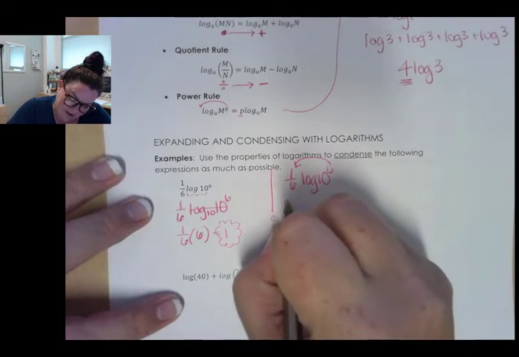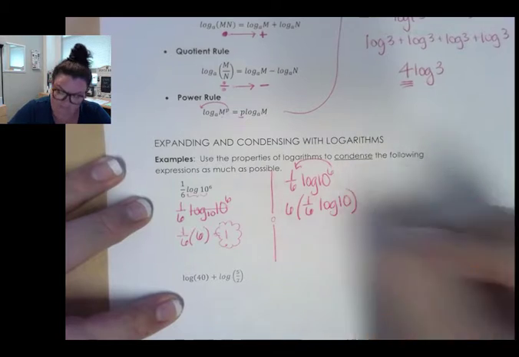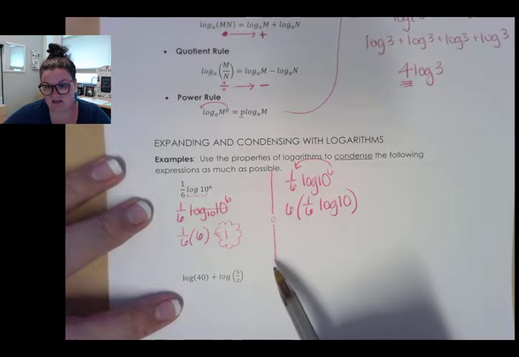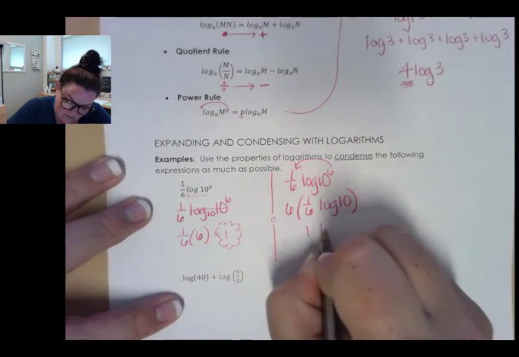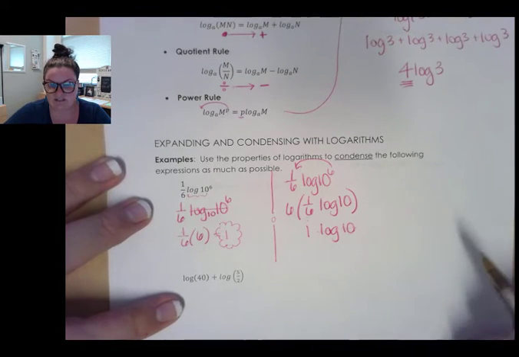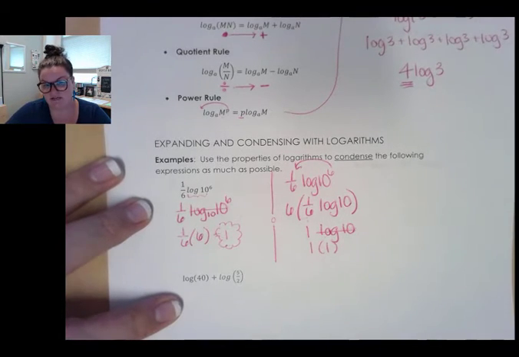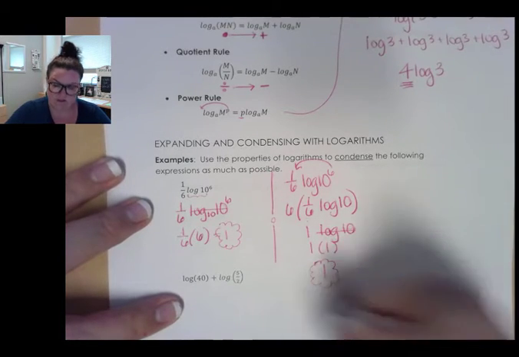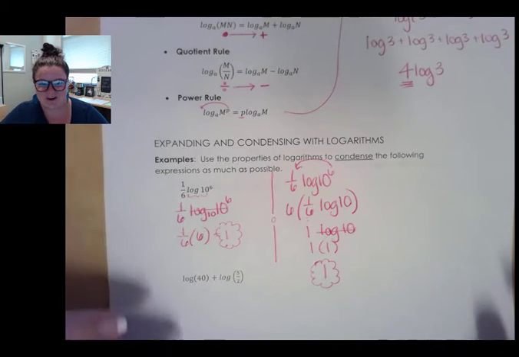So that means I would have 6 times 1/6 log 10. Then 6 times 1/6 gives me 1 log 10. And then log 10, remember, just cancels out. So you can either cancel it out, or you can say it cancels out to be 1, technically. And then 1 times 1 is just 1. So whichever method stands out to you more, use what's easiest in your brain.